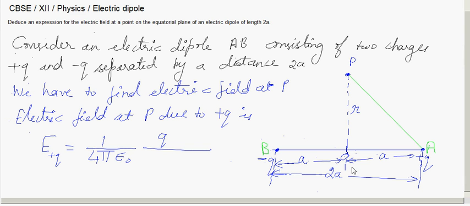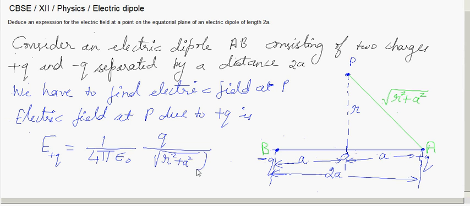From triangle OAP, the length AP is square root of r square plus a square.